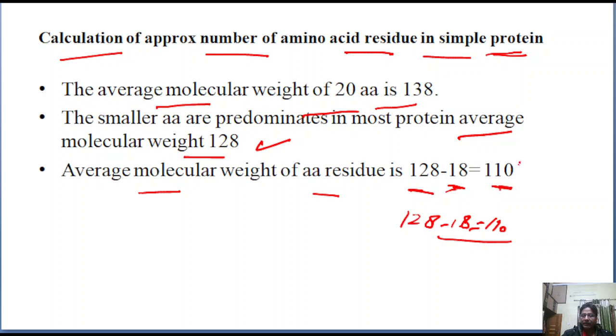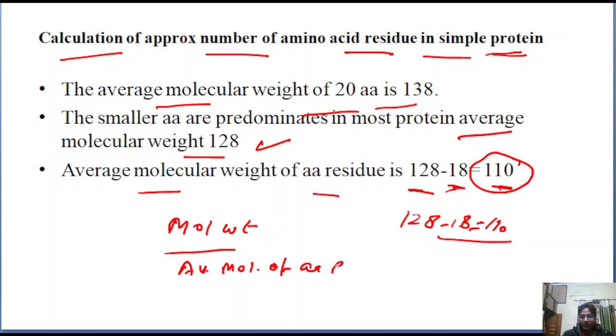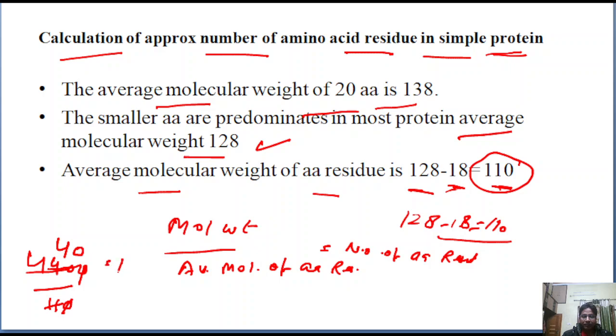So if we have the molecular weight of a protein, we divide it by the average molecular weight of an amino acid residue, and then we can get the number of amino acid residues. For example, if we have a protein with a molecular weight of 4400, and we know that the average molecular weight of an amino acid residue is 110, then if we divide it, we can say this protein has 40 amino acid residues.